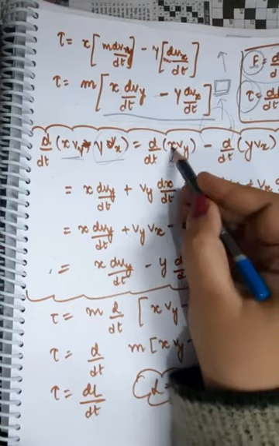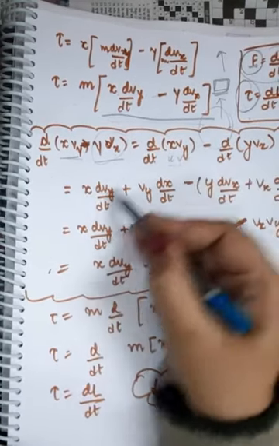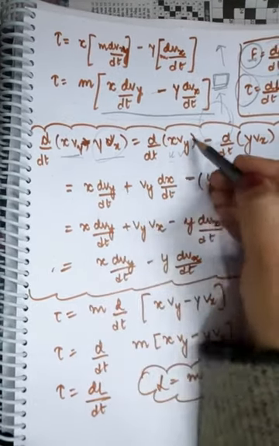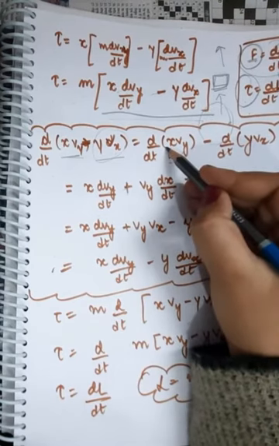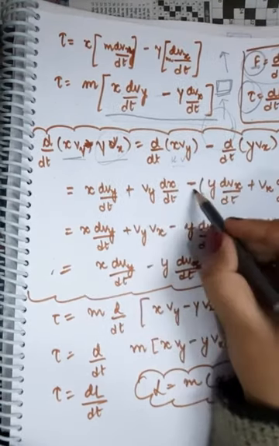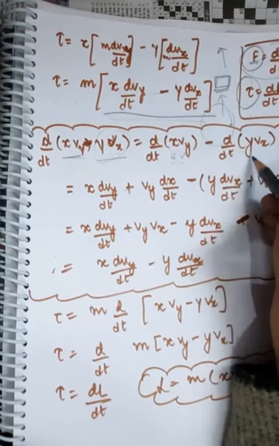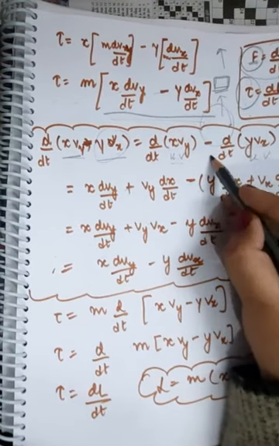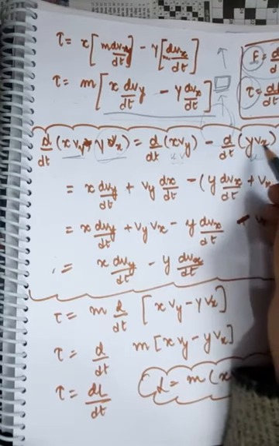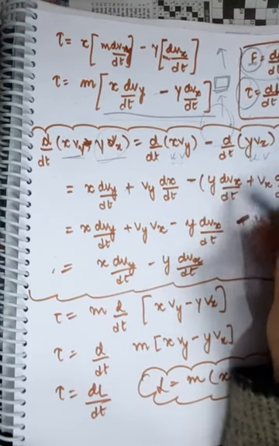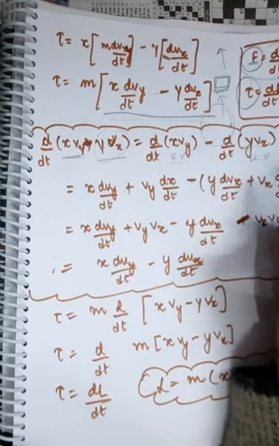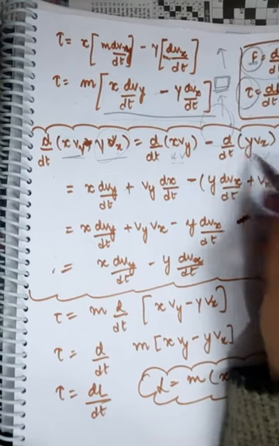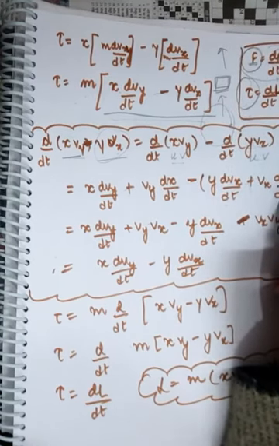Keep this quantity constant and take the derivative of the second one, plus keep the second one as it is and take the derivative of the first. Minus sign, same rule. Two quantities are getting multiplied and you have to differentiate them. It's as simple as that.